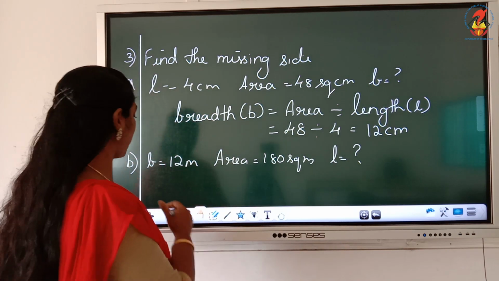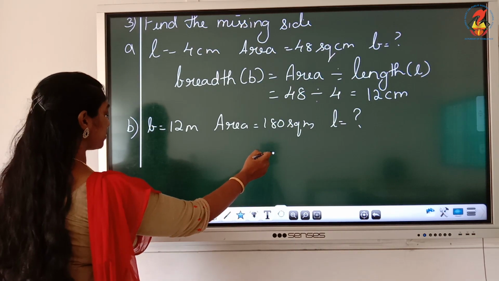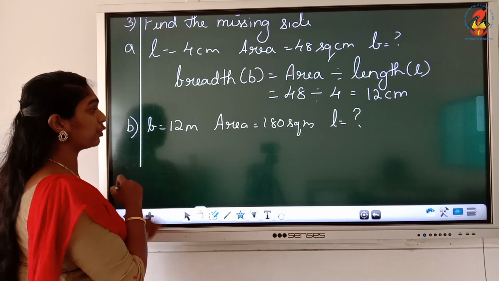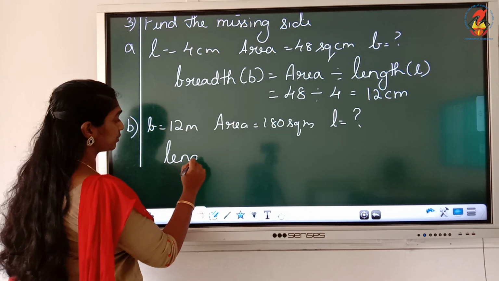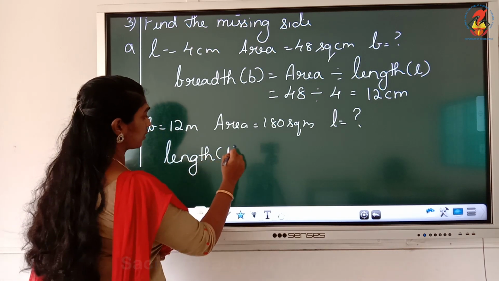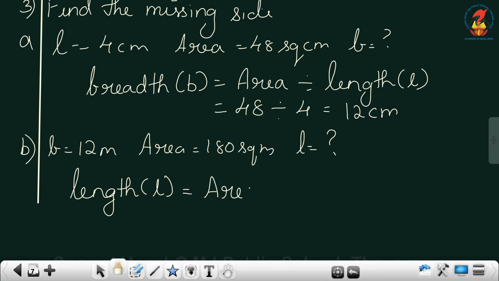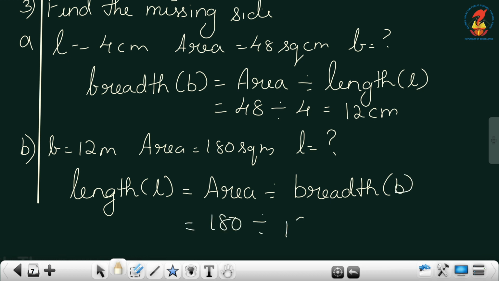Okay? We will do one more question. Here the breadth is given to you, area is given, you have to find out the length. Same way, you write length is equal to area divided by breadth. What is the area? 180. What is the breadth given to you? 12. 180 divided by 12.